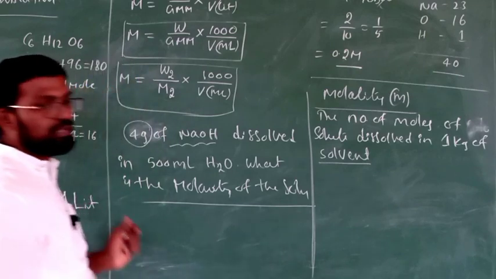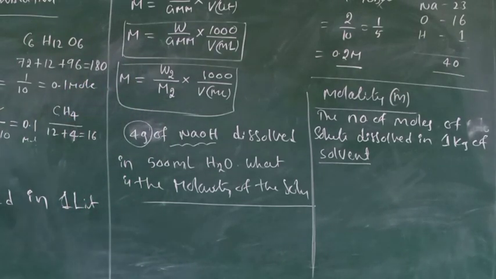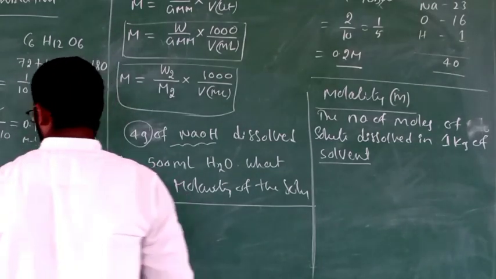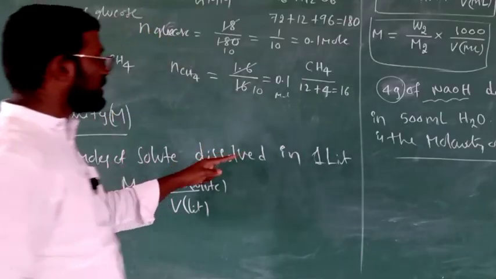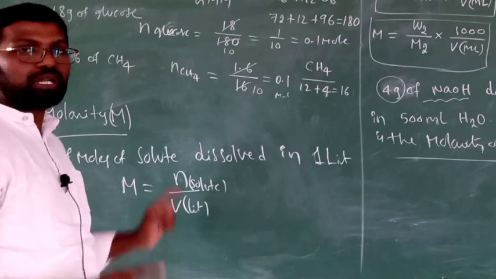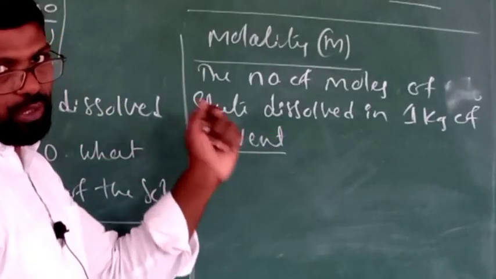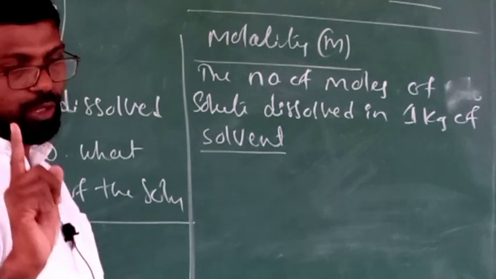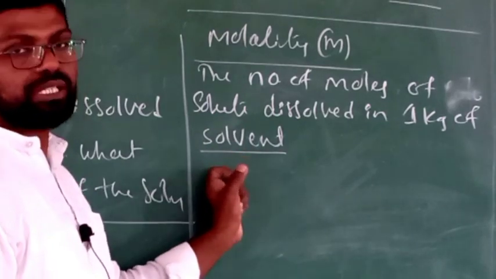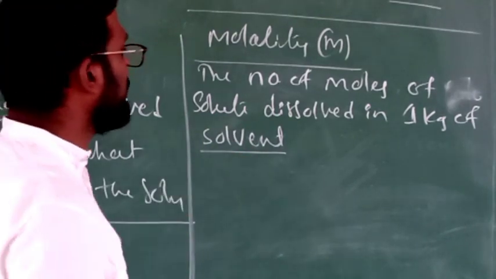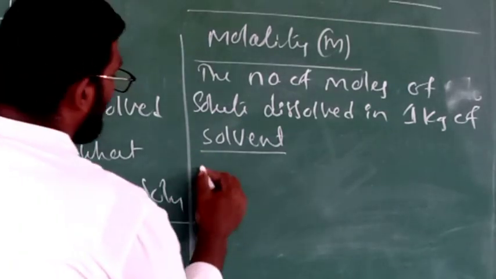So there is a small difference between molarity and molality. In case of molarity, it is the number of moles of solute dissolved in 1 liter of solution. Here it is the number of moles of solute dissolved in 1 kilogram of solvent. Please do remember. Now let's see its formula.